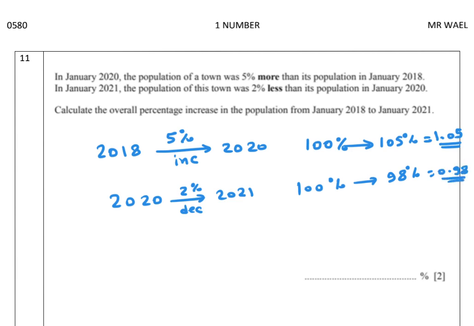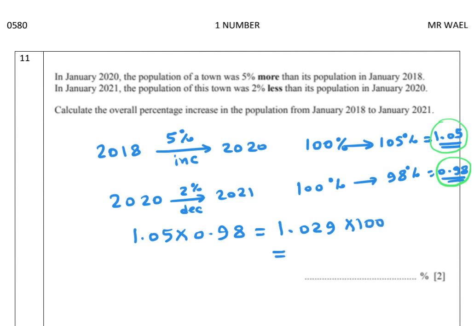So to find the overall percentage from 2018 to 2021, just multiply the two multipliers, 1.05 times 0.98 equals 1.029, then multiply by 100 to convert to percent. It will be 102.9%. This means increase by 2.9%.